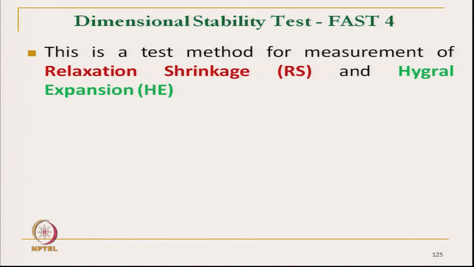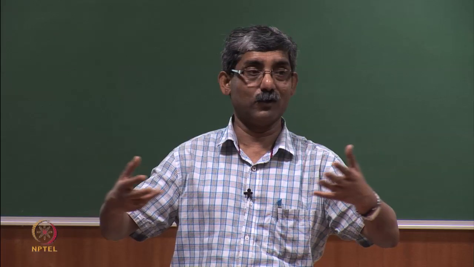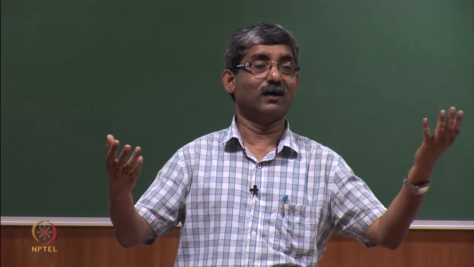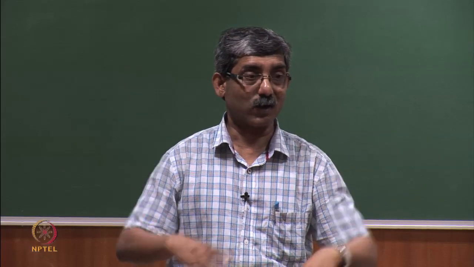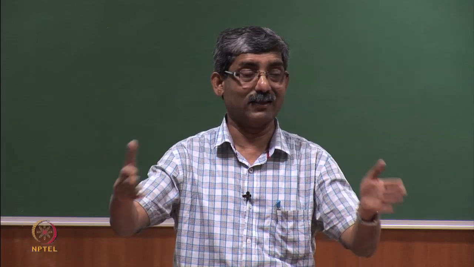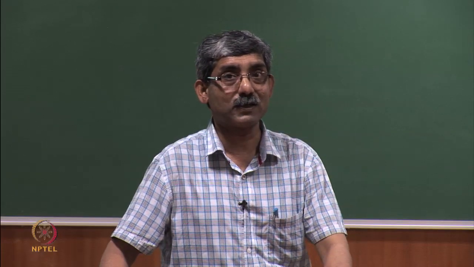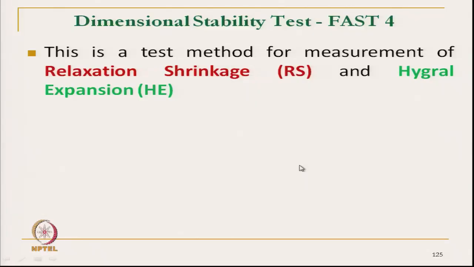The next one is a system which measures the relaxation shrinkage, RS, and hygral expansion, HE. What is hygral expansion? It is the change in length dimension when the fabric is in wet condition and after drying. From there we can get the hygral expansion and relaxation shrinkage.